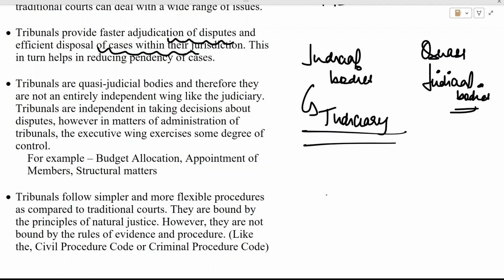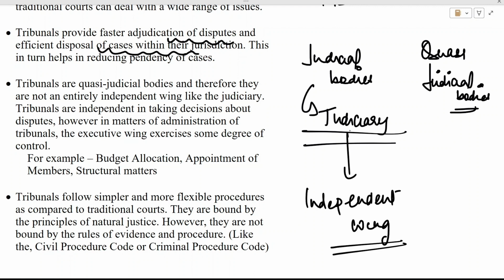And the judiciary is completely independent of the executive and the legislature. So, judiciary is an independent wing, which means that judicial bodies are basically independent. The executive or the legislature does not exercise any control on the judiciary, on the judicial body. So, be it the Supreme Court, High Court, lower courts, they are completely independent.